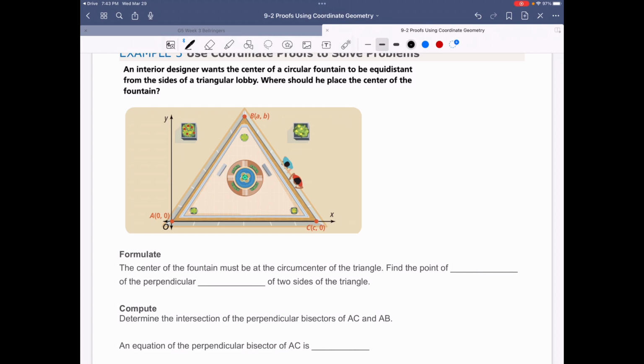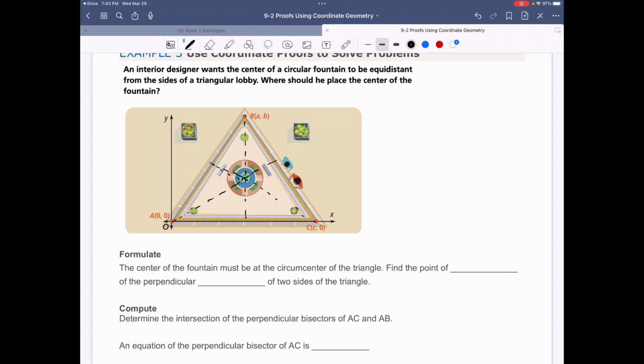The center of the fountain must be at the circumcenter of the triangle. Remember, we learned the circumcenter, so that's going to be like when we draw these lines. And where those lines intersect, that's the circumcenter.